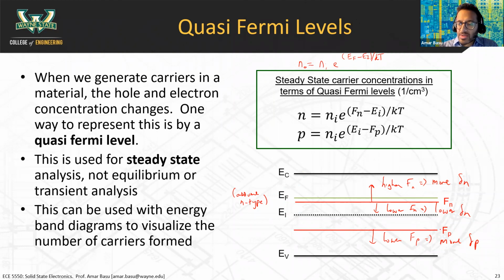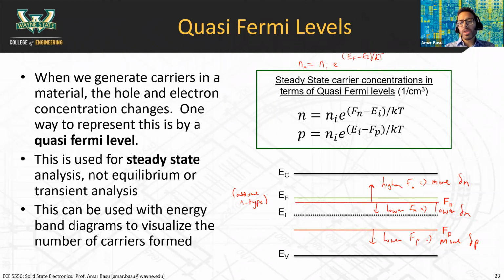When we draw in this extra quasi-Fermi level with the holes, F sub P, and this F sub P is actually below E sub I and closer to E sub V, this diagram is telling us that our hole concentration changed quite significantly. So this material has hole concentrations that are closer to a P-type material now, because we've put all these extra holes in there by shining light on the material.